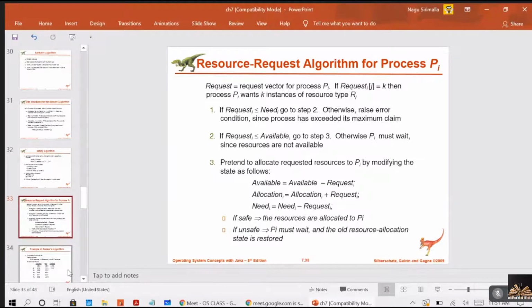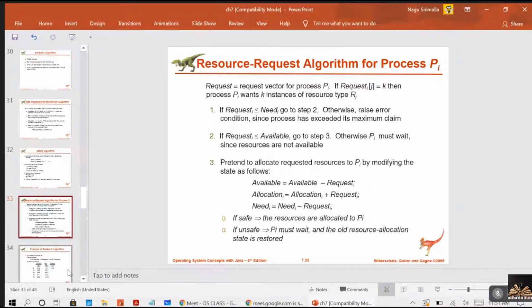Now this algorithm determines whether the request can be safely granted. That means whatever the process is requesting, the resources can be granted by leaving the system in the safe state.